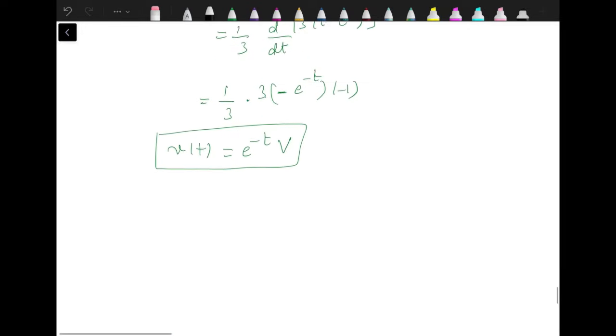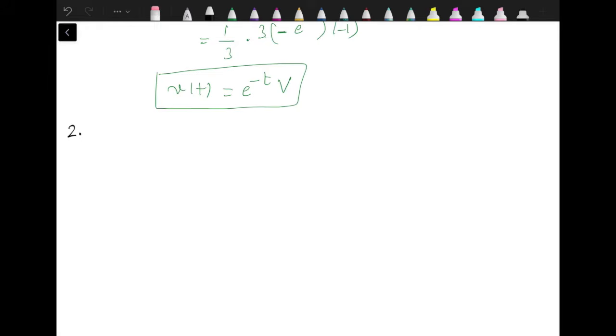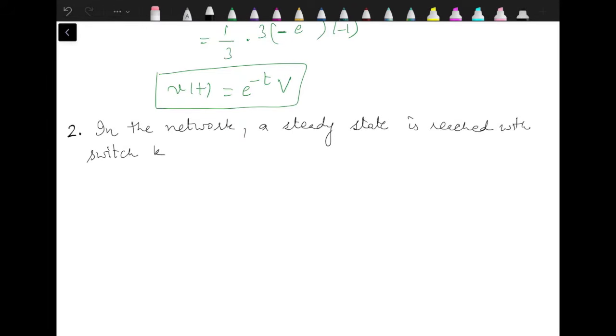Now second problem is, in the network a steady state is reached with switch K open.